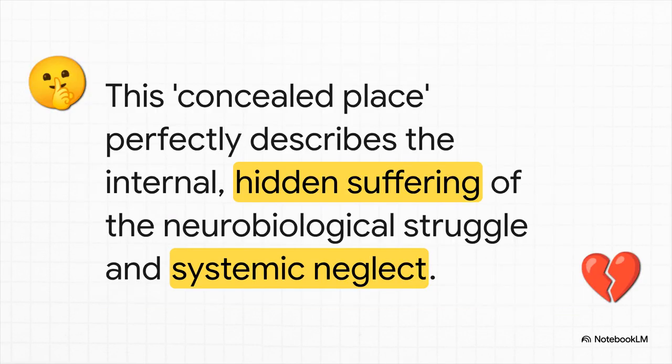And when you think about it that way, that ancient definition becomes a perfect technical description for what Dennis was going through. His suffering was entirely internal. It was invisible to everyone else. A deep neurobiological struggle that was completely hidden from the outside world. It was a concealed place created by systemic neglect and embodied harm. In the most literal, original sense of the word, it was hell.